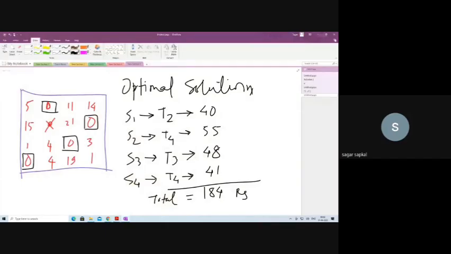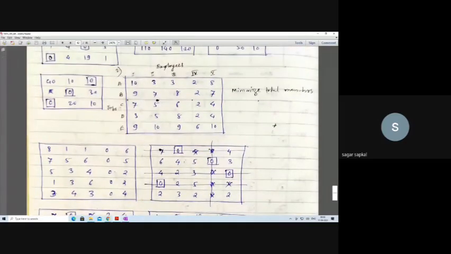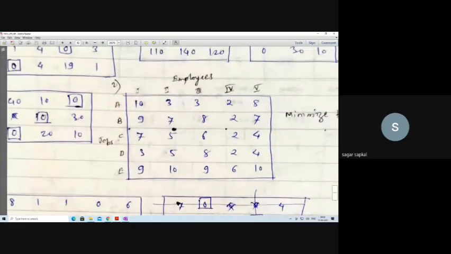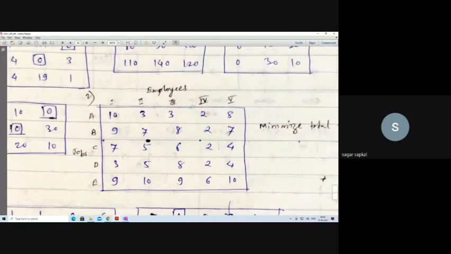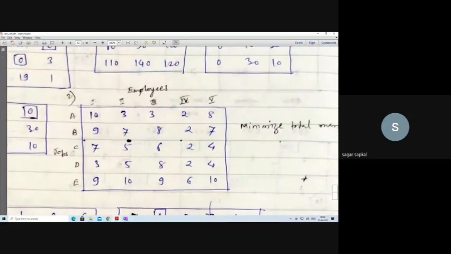Okay, now we will take one more problem. Take down this problem. Suppose there are jobs A, B, C, D, E and employees 1, 2, 3, 4, 5. They are required to be assigned, and it is given in terms of man hours.